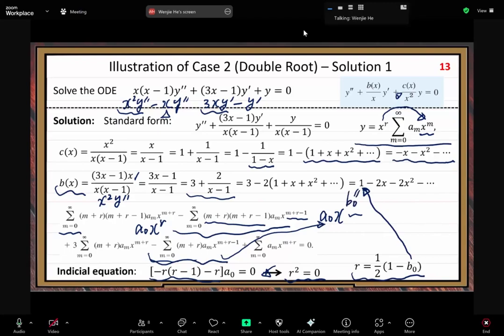B0 is 1, so 1/2 times 1 minus 1. From that formula, we also get r equal to 0. But this tells us it's a double root. Case 2, double root.